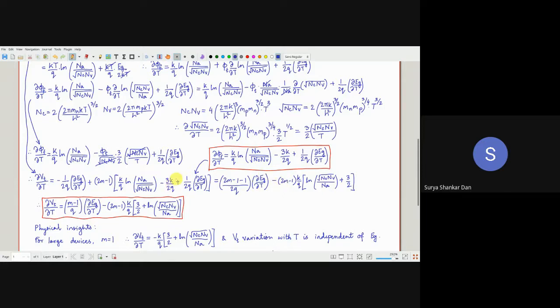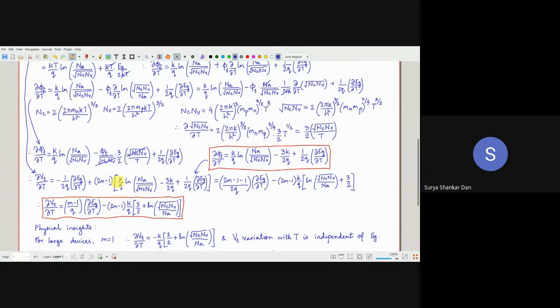Then what is the other part which is remaining? Notice there is a minus here. So minus twice m minus 1. So this k by q I have kept aside because there is a k by q in there as well. So this 3 by 2 is here plus. Again, what I shall do is I'll move this root over NCNV to the numerator. NA will be in the denominator.